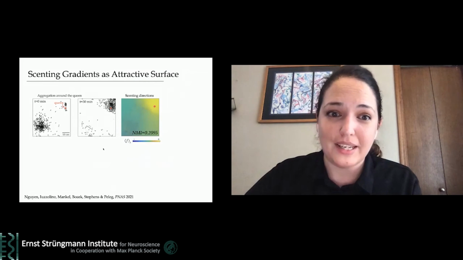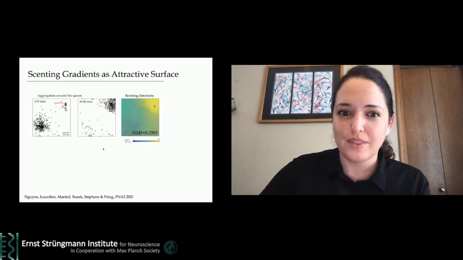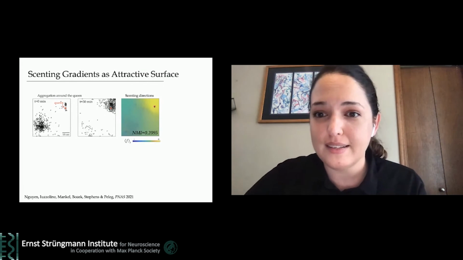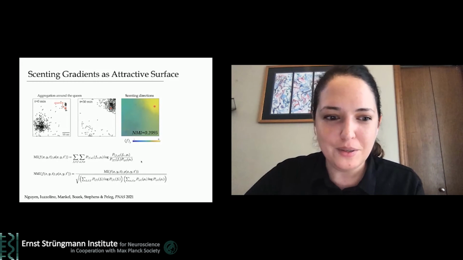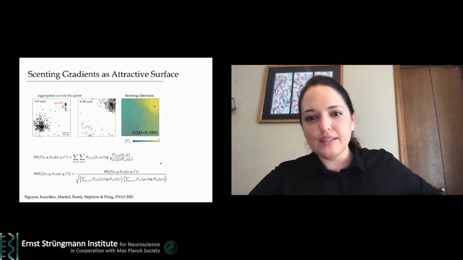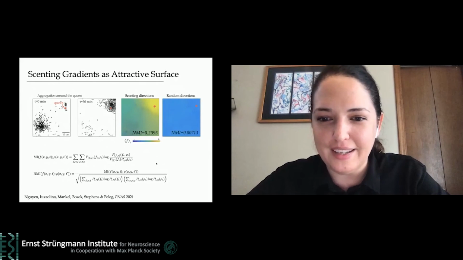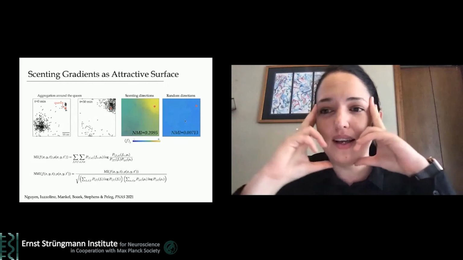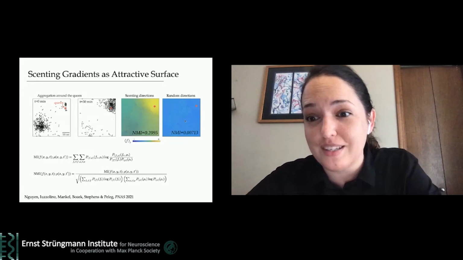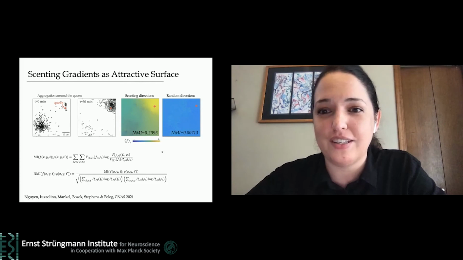So it does seem like the bees are creating these scenting events to potentially formulate a global map that leads to the position of the queen. And here is some characterization of the mutual information between the position of the queen and the surface. The point is that if we take random directions of the scenting, then we get a very flat surface, so it doesn't lead anywhere, but the way the bees are scenting actually does lead to the queen.